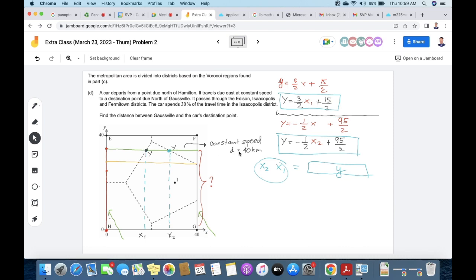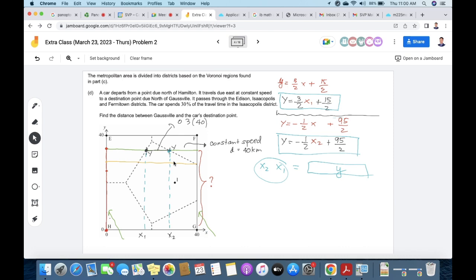So 30% of 40 kilometers is spent here. All right? In other words, the distance here will just be 30% of 40. So we can actually do this because the car traveled with a constant speed. As I've said, it's constant all throughout.